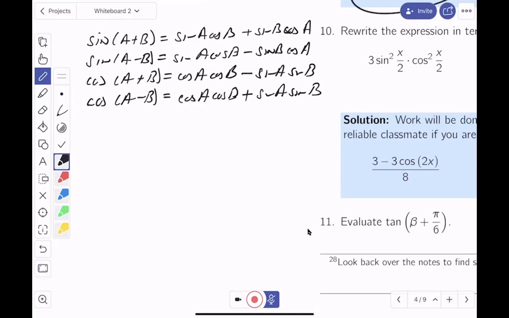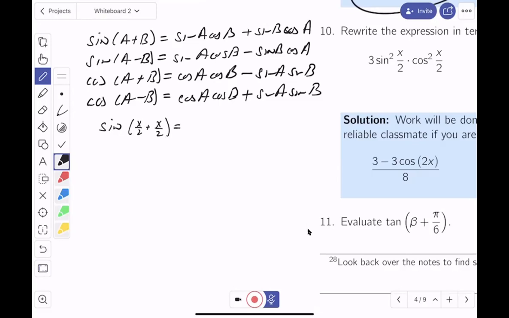I'm noticing they both have the same argument, right? X over 2, X over 2. That looks pretty simple. So maybe if I made them the same argument, let me write this down. I'm going to simply say sine of X over 2 plus X over 2.